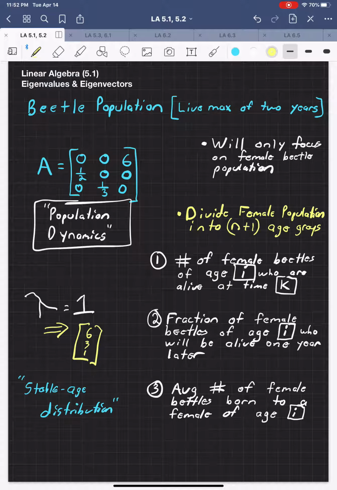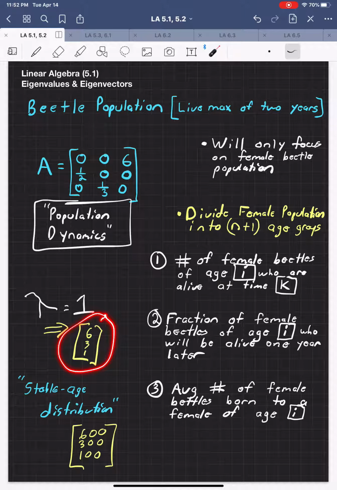So let me give you an idea of a multiple of this. Let's assume that you had, let's say, 600, 300, 100. That is just the eigenvector multiplied by 100.